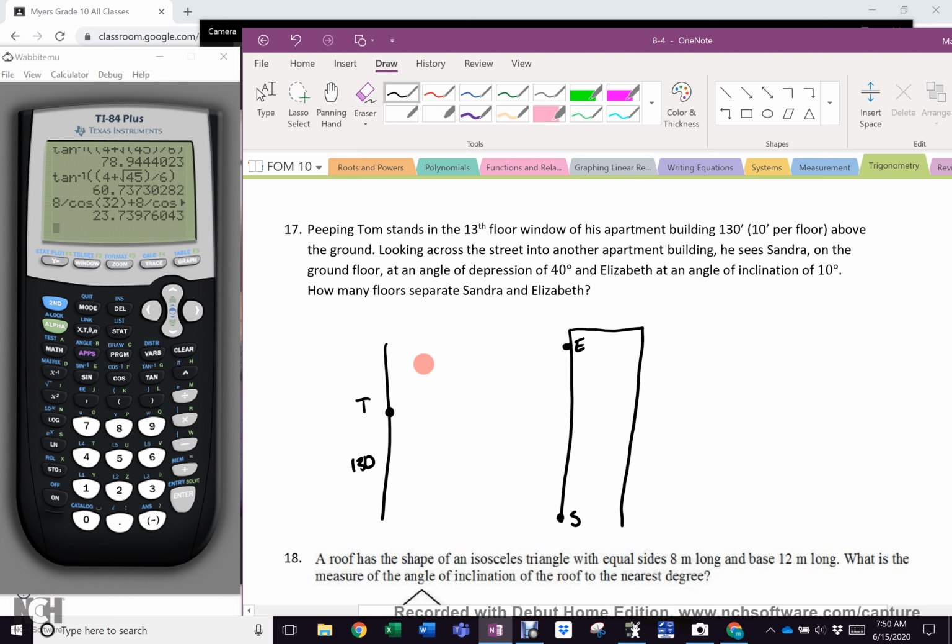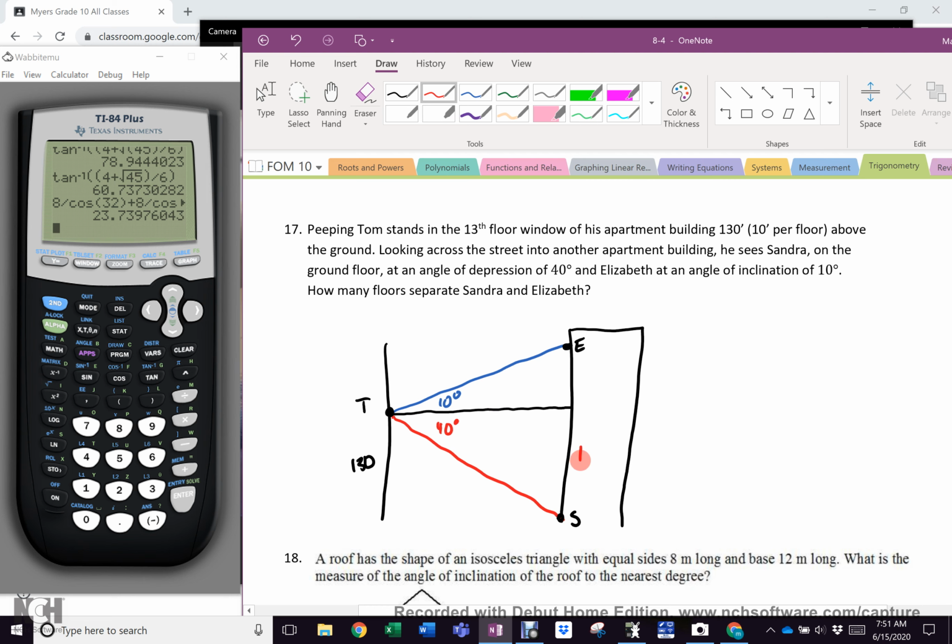So Tom is looking straight across here, and to Elizabeth he has an inclination of 10. So Elizabeth, he looks up at 10 degrees, and Sandra, he looks down at 40 degrees. So now I want to know how far apart they are.